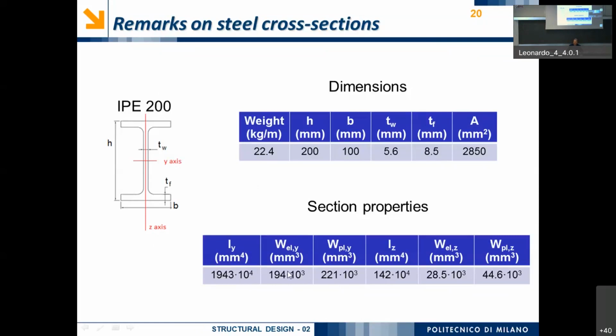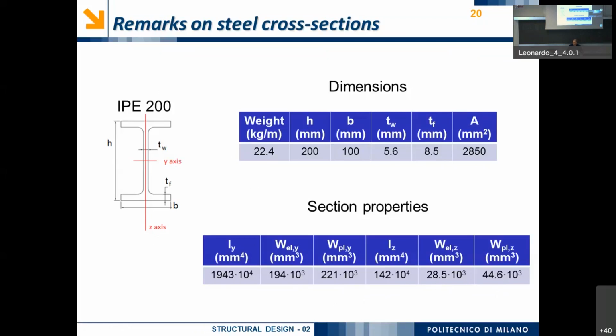And similarly, WELY is larger than WELZ, and also WPLY is larger than WPL in the Z direction, okay?